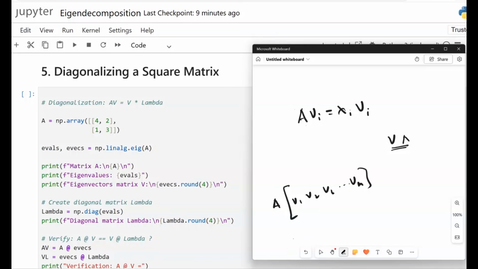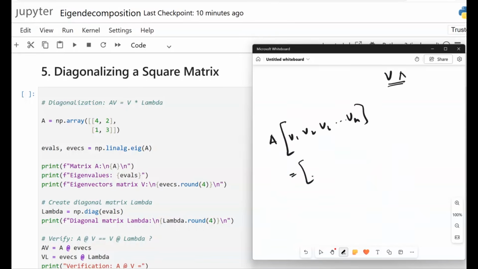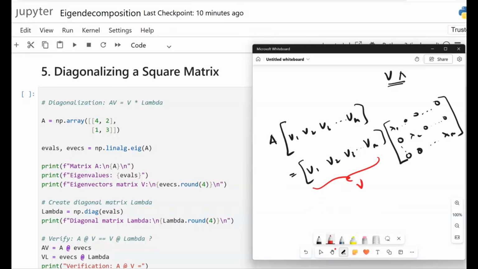And this would be equal to V1, V2, V3 till Vm, the vectors, multiplied by the eigenvalues in a diagonal matrix: lambda 1, 0, 0 till the last column, and 0, lambda 2, and 0 till the last column, and as such we have 0 till lambda m. This is our V eigenvectors, and this is our lambda eigenvalues.